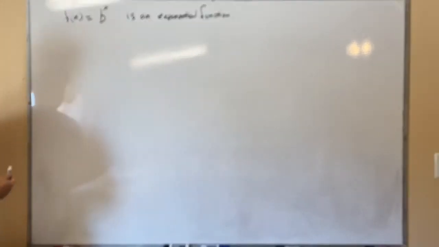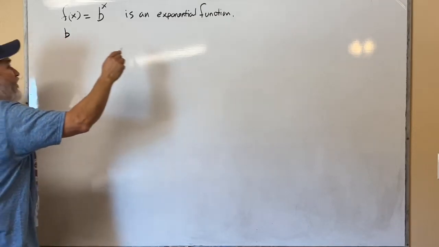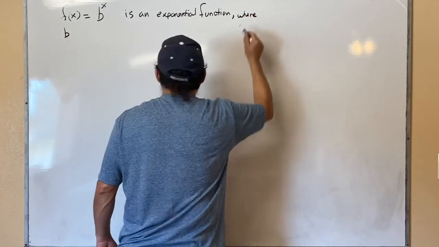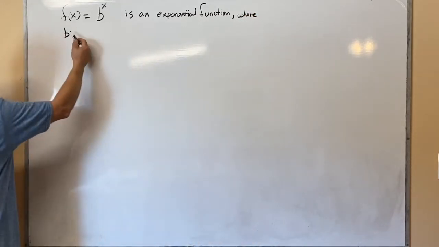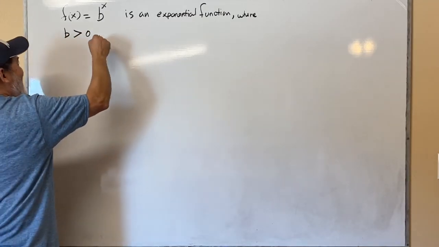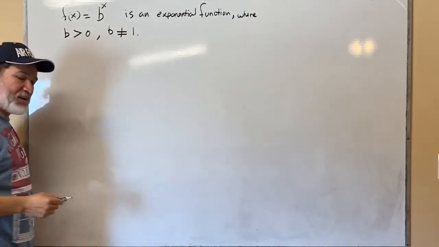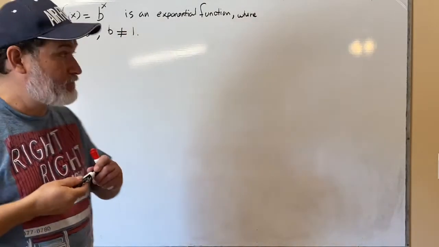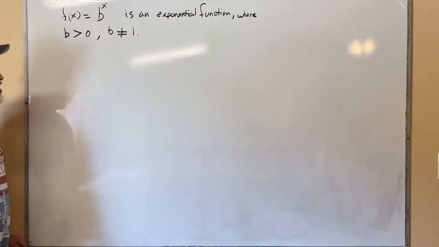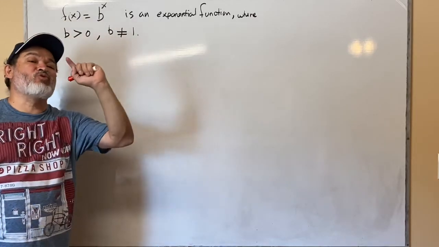Note, we must say that the base must be greater than 0 and the base cannot equal 1. In other words, the base cannot be negative and cannot equal 1.